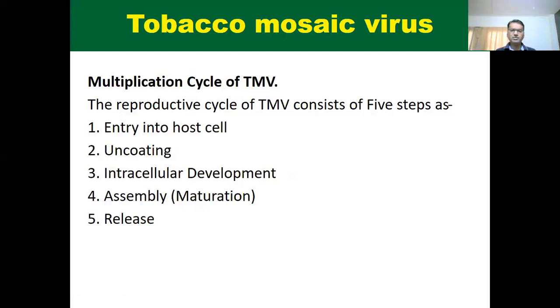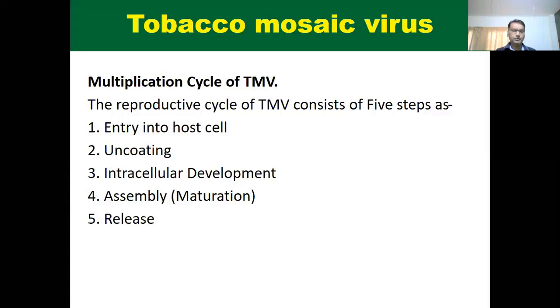This process in the case of TMV is actually a complicated process to understand, but we will try to see it in a simple way. The process of multiplication of TMV inside the cell is a little bit complicated.